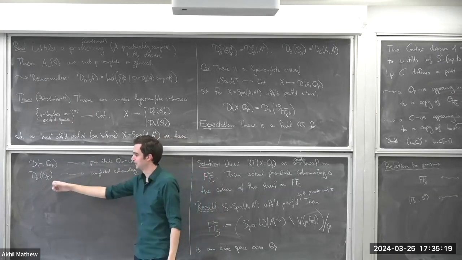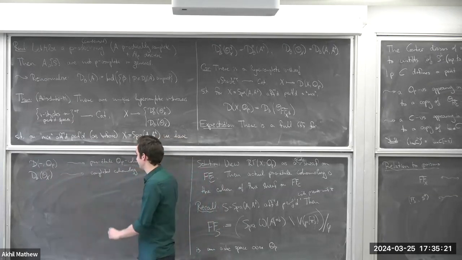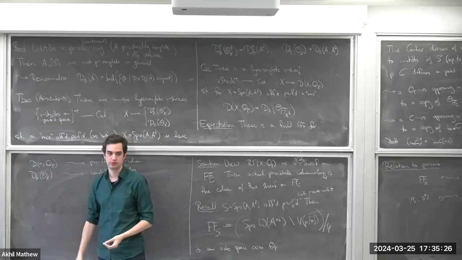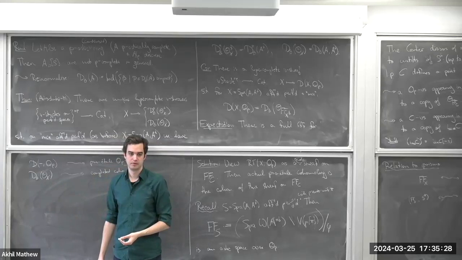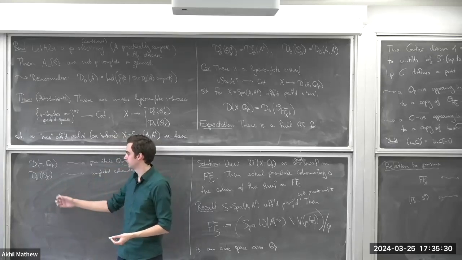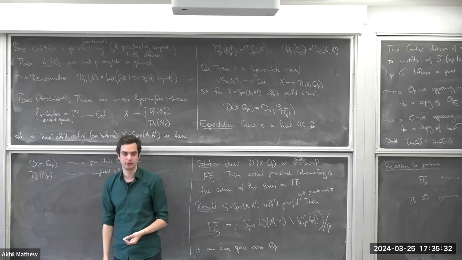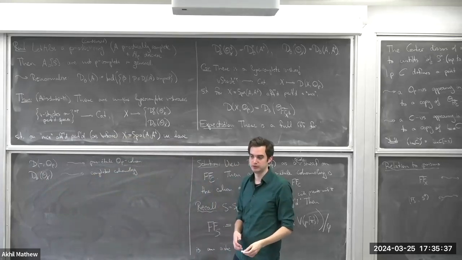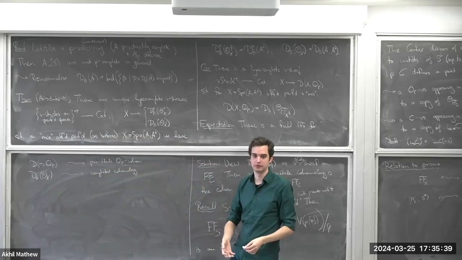By definition, more or less, it is like this pro-étale cohomology for the structure sheaf. So pretty much what you get out of this by definition. And it's quite different from pro-étale cohomology with the analytic structure sheaf.